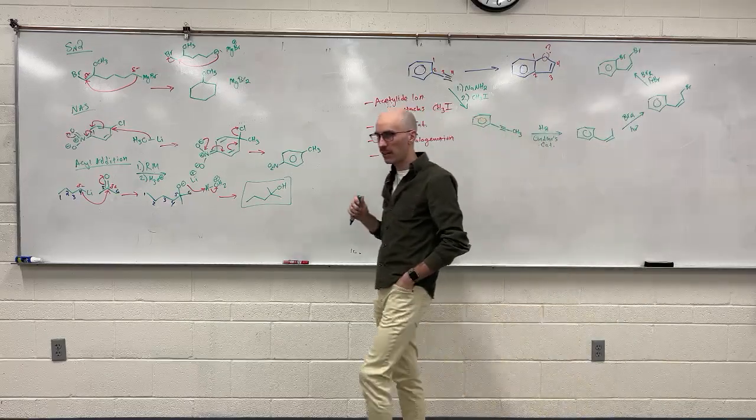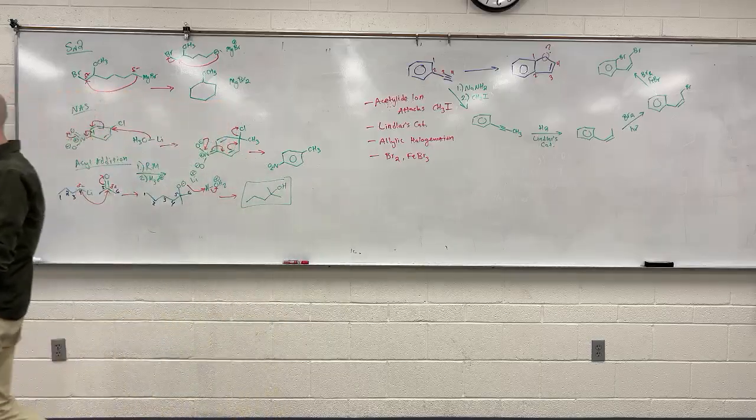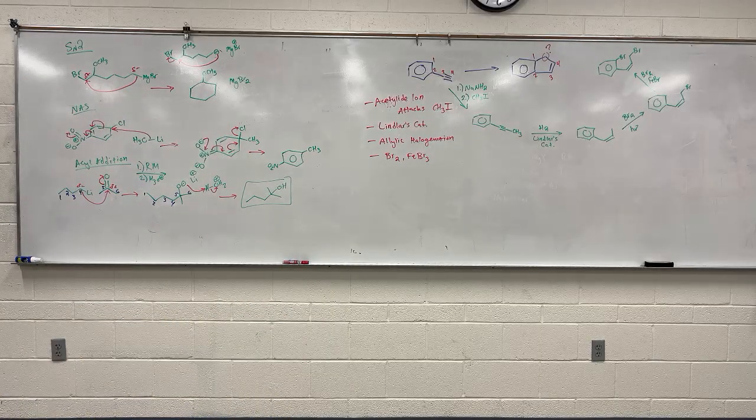Can I be confident that the bromine is going to go to that position I need it to go to? That it will go to carbon 1? How do I know it won't go to a meta position or a para position? Well, actually, I can be confident it will go either ortho or para.